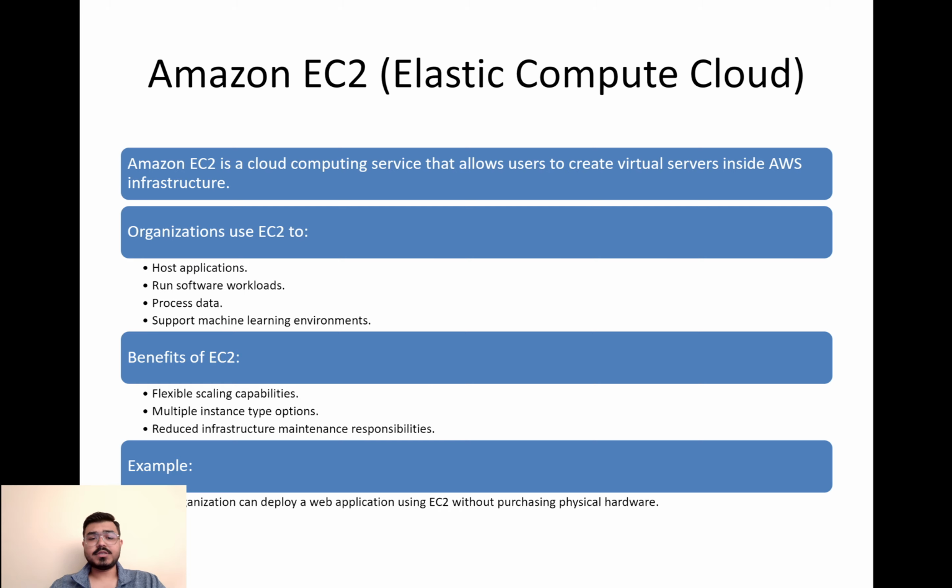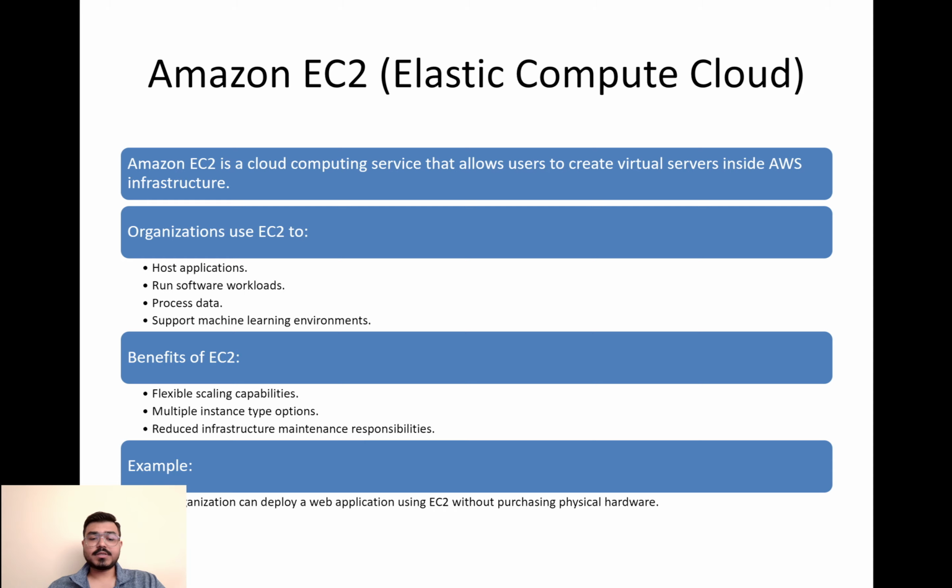Organizations commonly use EC2 for several purposes. First, EC2 can host applications. For example, websites and business applications can run on EC2 servers. Second, EC2 supports software workloads. Organizations use EC2 to run business systems, analytics tools, and development environments.